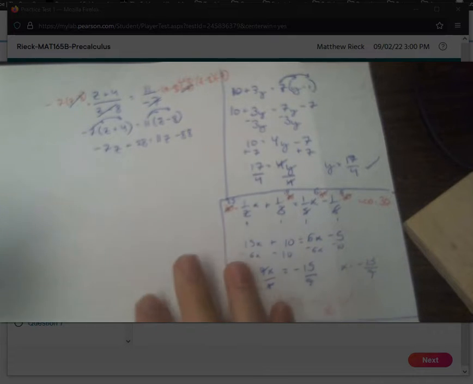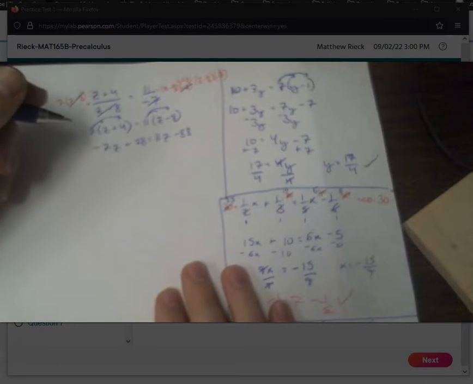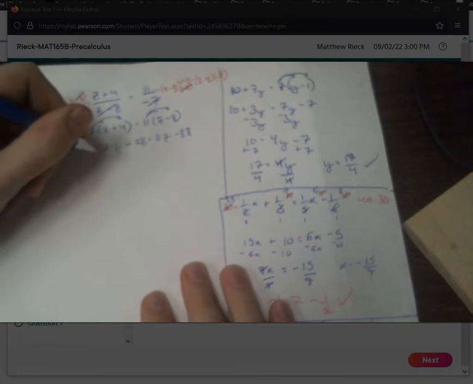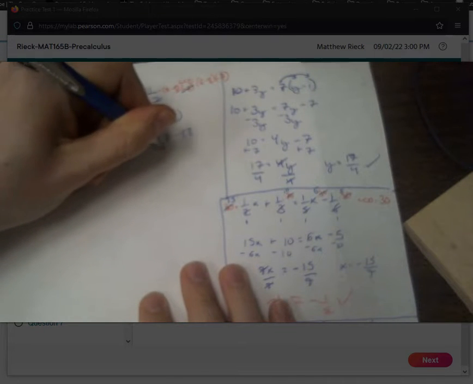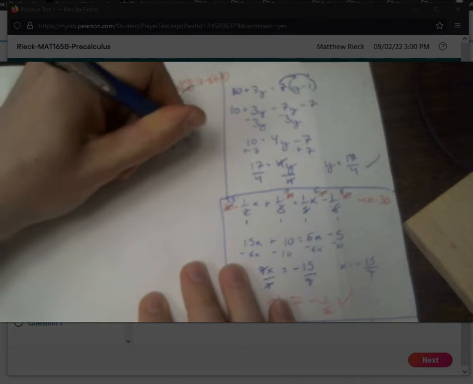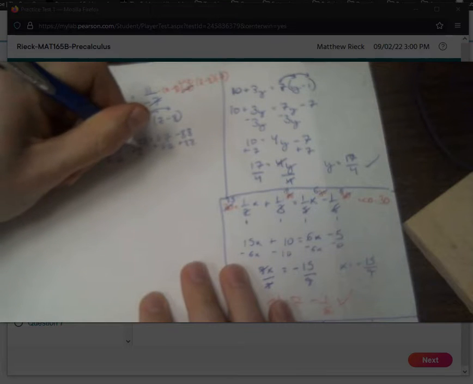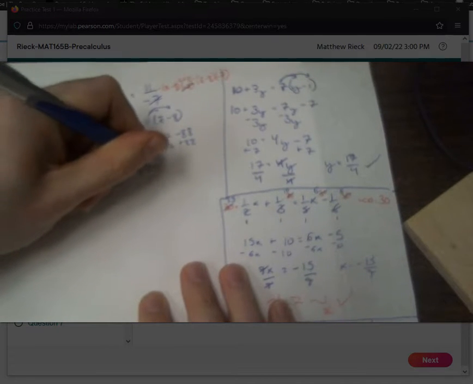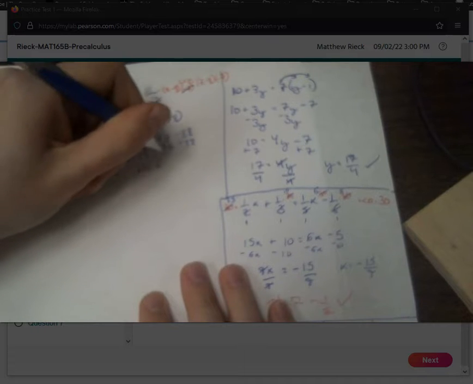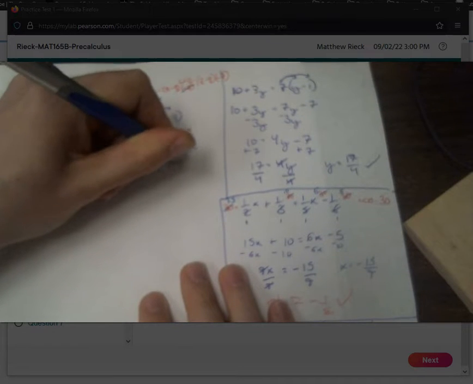All right, so we want to get everything involving our variable z on one side, everything else over on the other side. So we can add 7z to each side, add 88 to each side. So negative 28 plus 88 is going to be 60. And 11z plus 7z is going to be 18z.